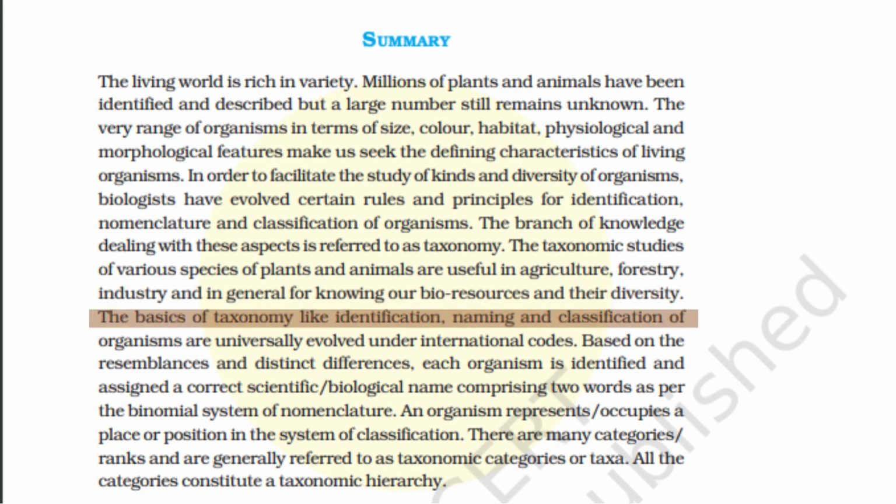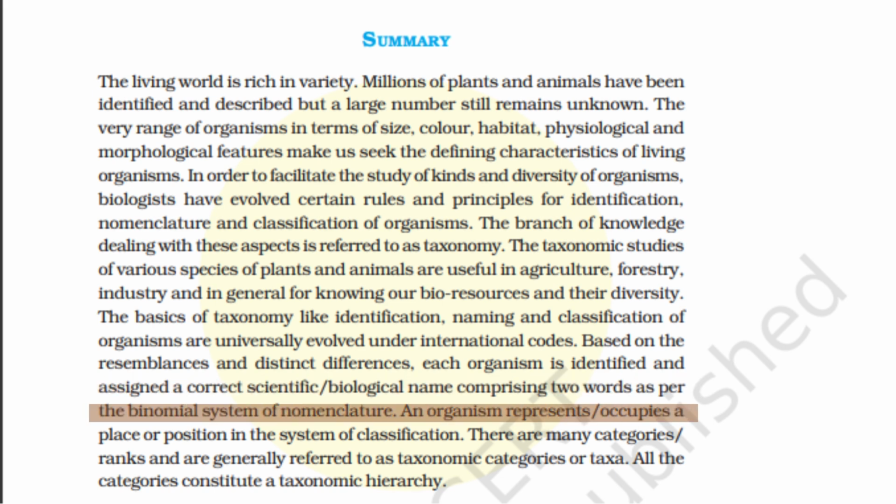The basics of taxonomy, like identification, naming, and classification of organisms, are universally evolved under international codes based on the resemblances and distinct differences. Each organism is identified and assigned a correct scientific or biological name comprising two words as per the binomial system of nomenclature.